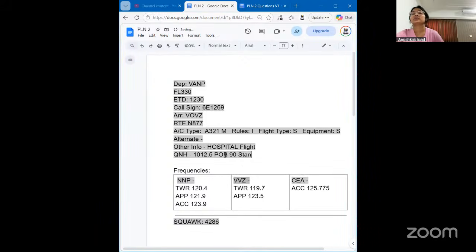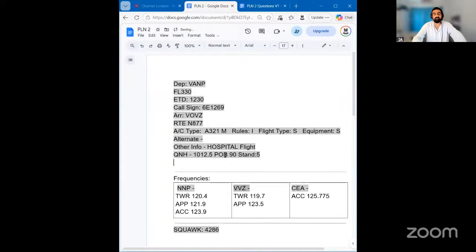METAR. Very good. Yes, METAR is also there. We have just not put it here. What else? Anything?